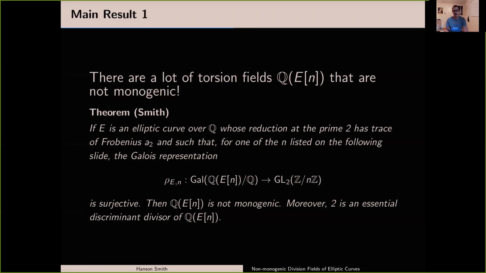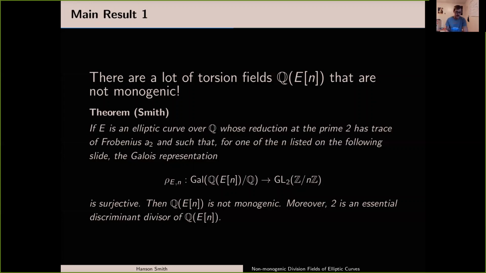And I'm going to look at its trace of Frobenius at 2. Of course, I can use a lot of small primes here. And so say it has trace of Frobenius A2. And in the next slide, I have a nice table. Well, I think it's nice. You might not. But so for one of the n listed in that table, I'm going to suppose the Galois representation is surjective. So it fills up all of GL2 Z mod nZ.